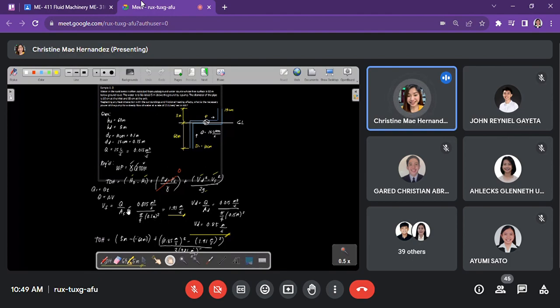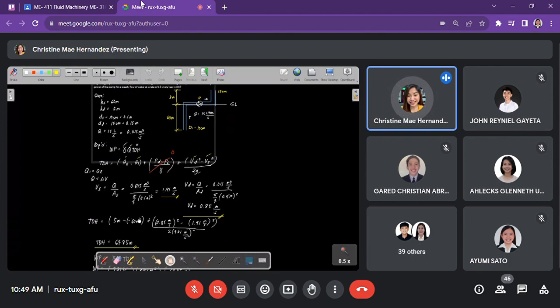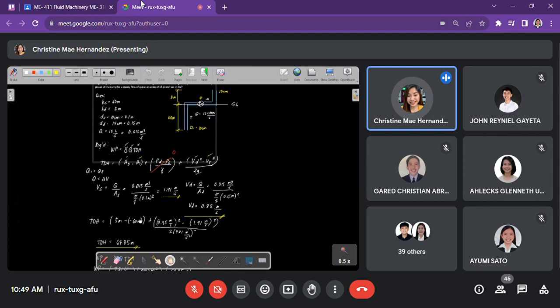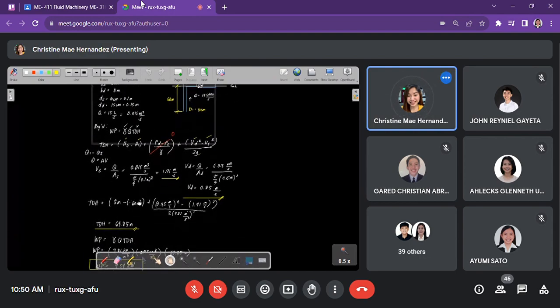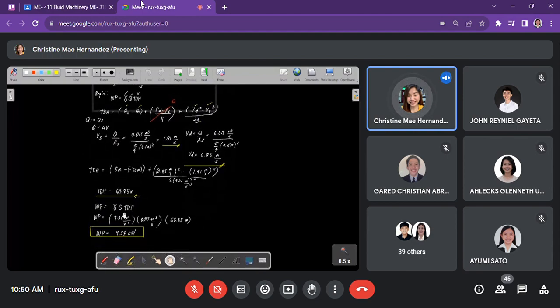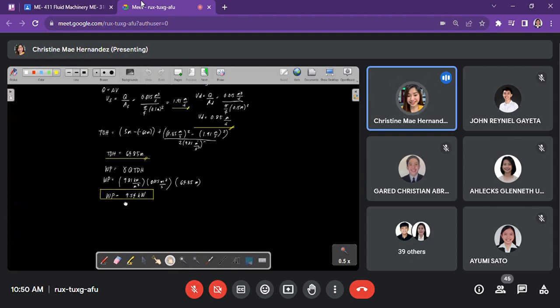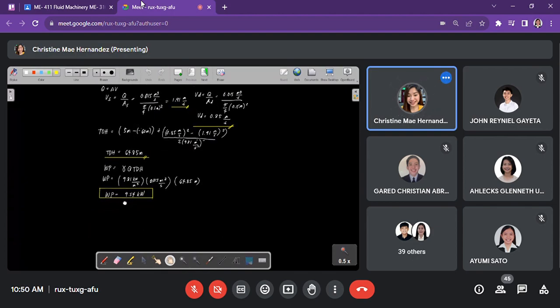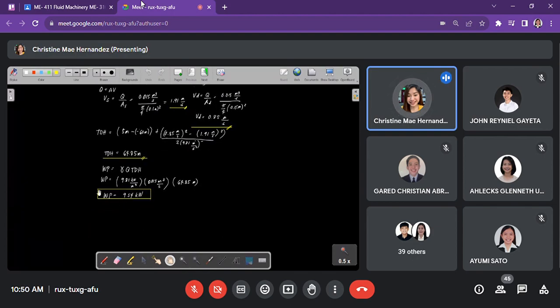Then, compute for velocities. If hindi given, you can use the diameter and yung volumetric flow rate natin. Then, meron pa dito na iba pang pwede pang maging question sa inyo, katulad ng mga efficiency, mga brake power.